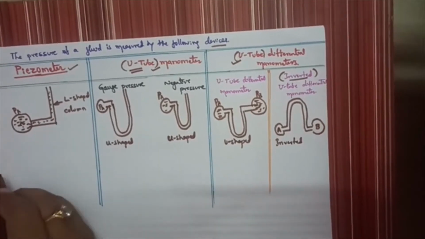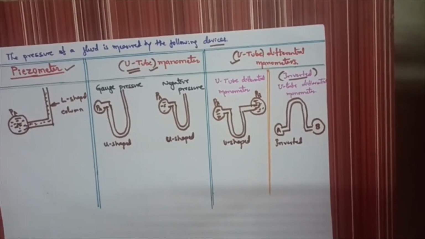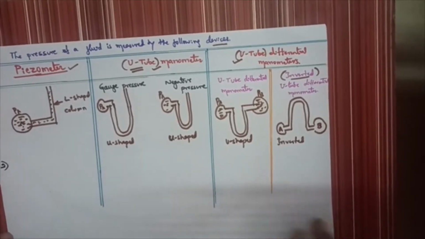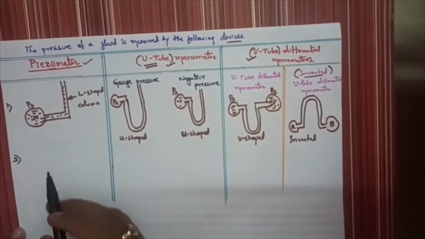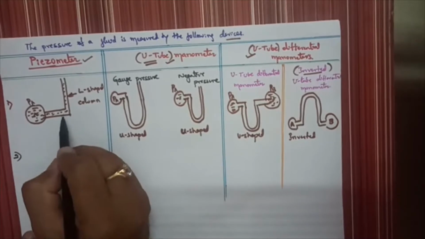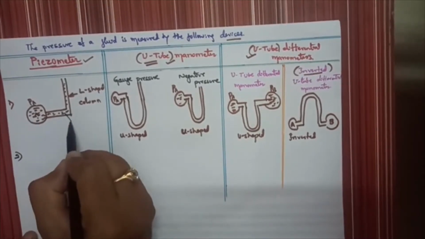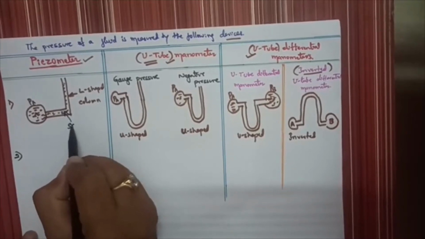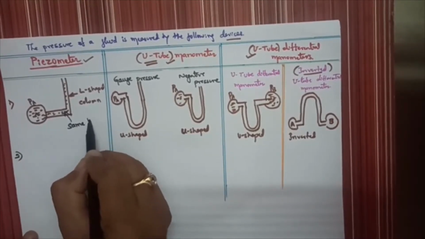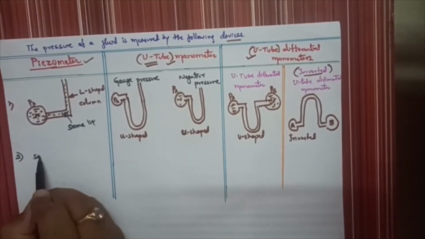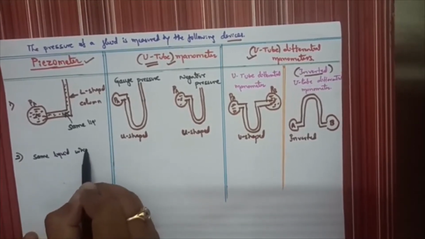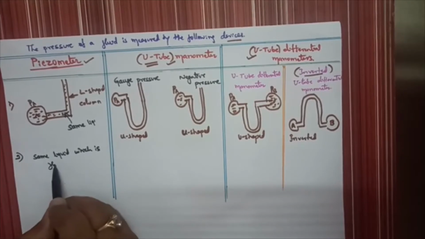And the second point we need to understand is that in the piezometer, the type of fluid used in the L-shape is the same as the liquid which is flowing in the pipe. It is the same liquid which is flowing in the pipe.